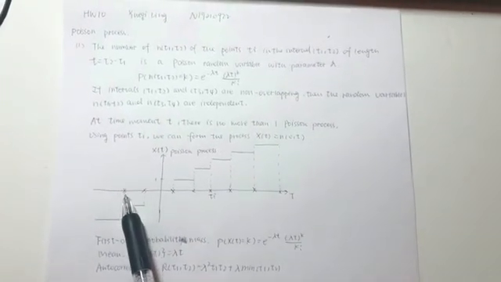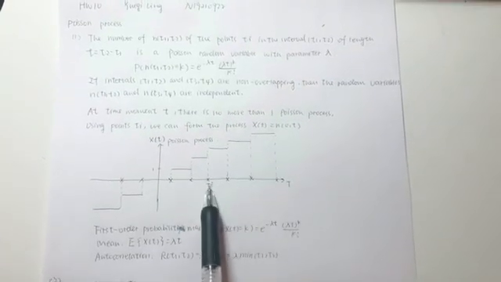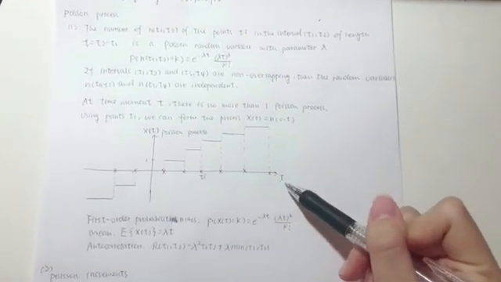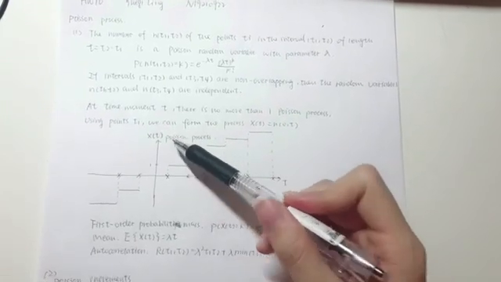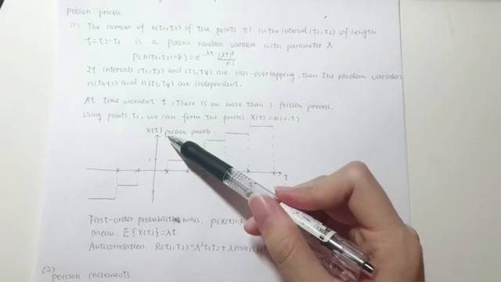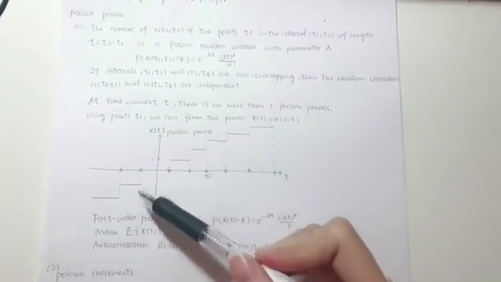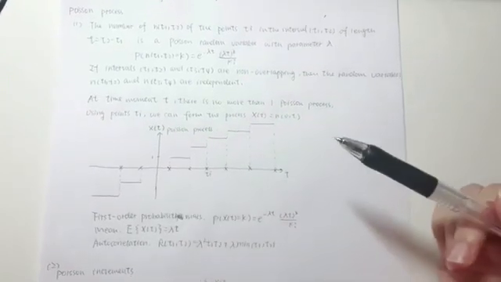The x-axis represents t, and the y-axis represents the Poisson process, that is x of t, and the figure is like this.